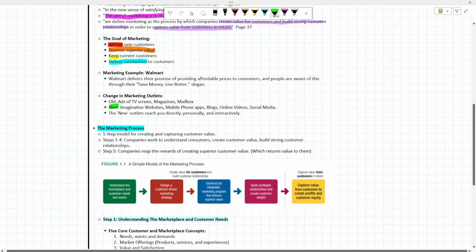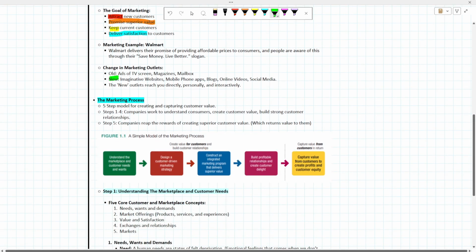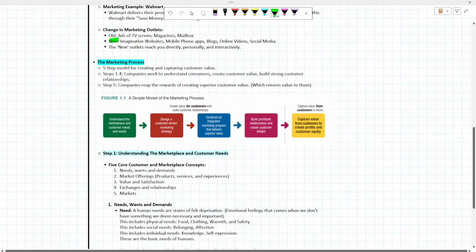So the marketing process, well, here's the 5-step model for creating and capturing customer value. So steps 1 to 4 are how companies work to understand consumers, create customer value, and build strong customer relationships. Step 5 is how the company reaps the reward of creating superior customer value, which ends up returning value to them. So here is an image from the book itself.